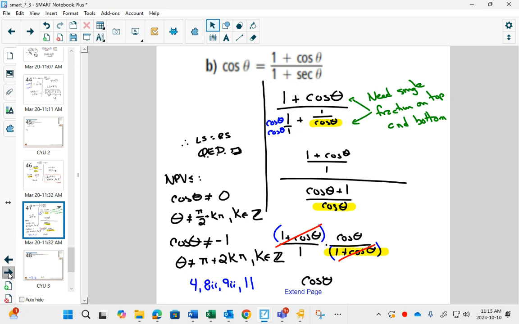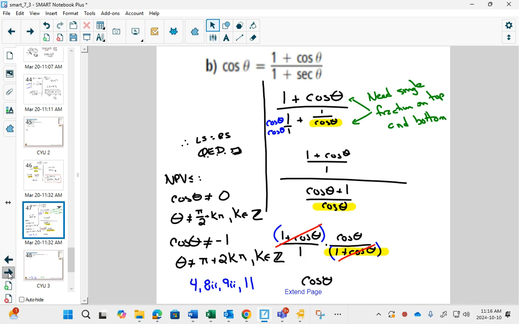When I multiply by the reciprocal, I put blue brackets because whenever you're adding or subtracting, those factors get grouped together. And once I group them together, I do notice those factors are identical, so I can simplify them, and I get cos theta, so my proof is done.